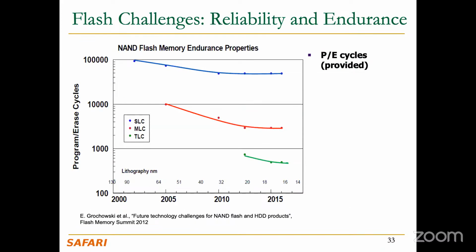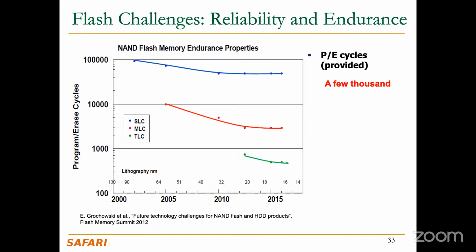But the thing is that endurance for flash memory is limited. For SLC NAND flash memory, we have an endurance of around 10 to the power 5 or so. But as the years increase, you can see a reduction in endurance, also because of using higher density circuits. For MLC NAND flash memory, you have less endurance.